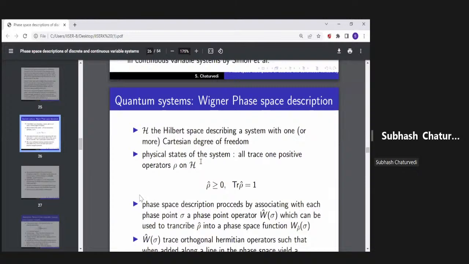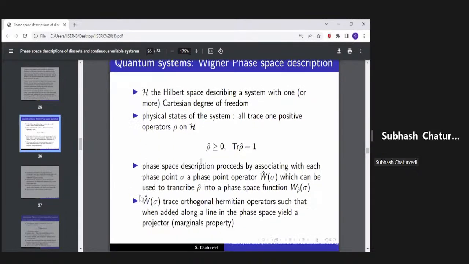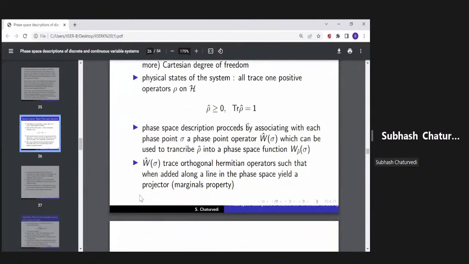So now, what do we mean by Wigner description? Let me just quickly summarize that. In quantum mechanics, we have a Hilbert space. A state is defined by a positive operator with trace 1. Phase space description proceeds by associating with each phase point sigma a phase point operator W sigma, which can be used to transcribe the given density operator into its Wigner distribution.